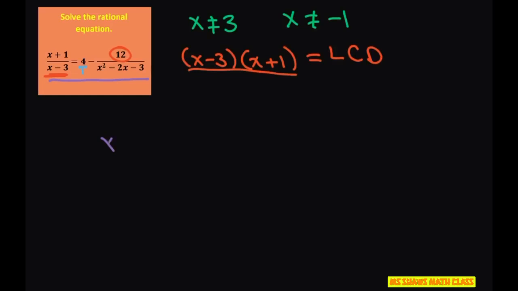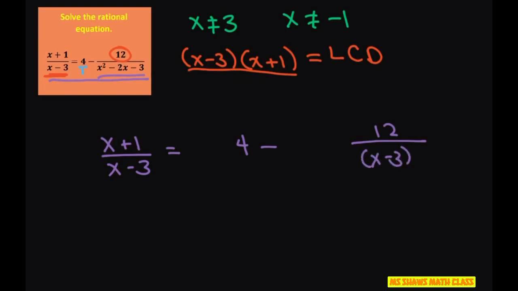So we have x plus 1 divided by x minus 3 equals 4 minus, then we have 12 divided by, and I'm going to keep this factored, x minus 3 times x plus 1.